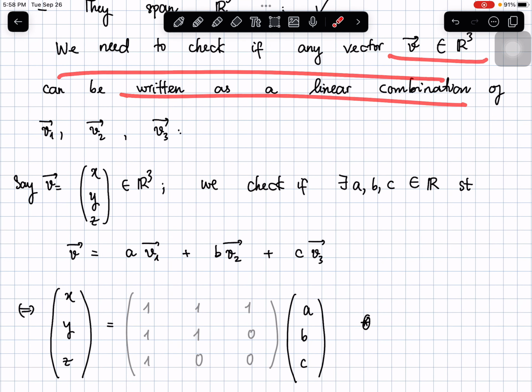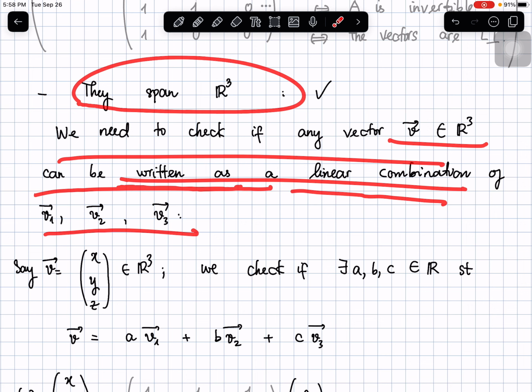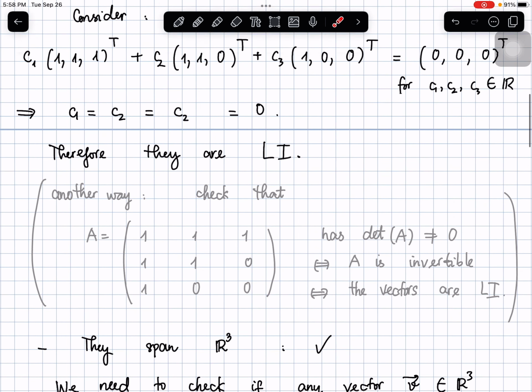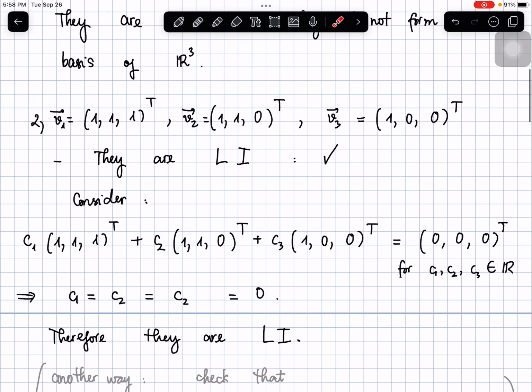Or in other words, they span R3. Okay, just to say it again: three vectors in R3 that are linearly independent form a basis of R3. Now for the moment we use the definition, so we check two conditions. The first condition, they are linearly independent, the second one, they span the whole vector space.